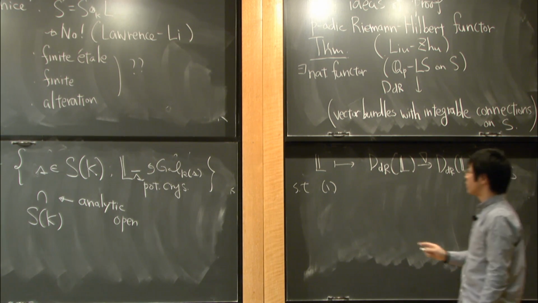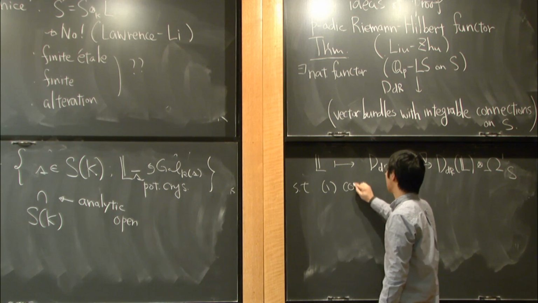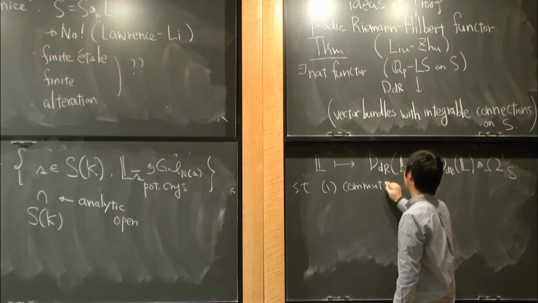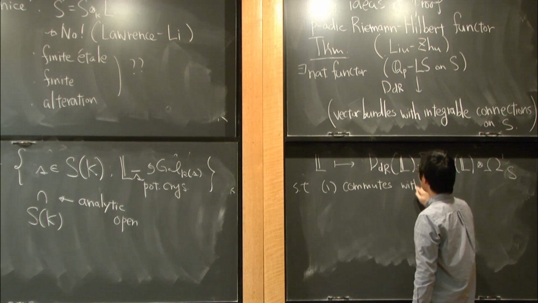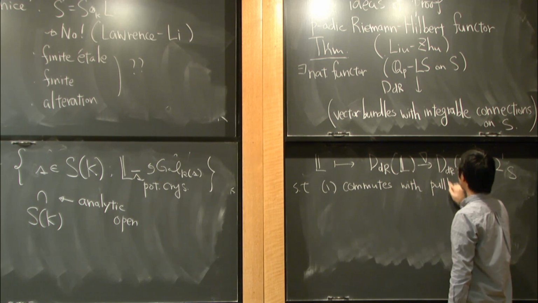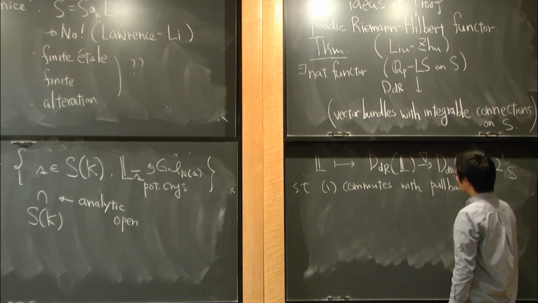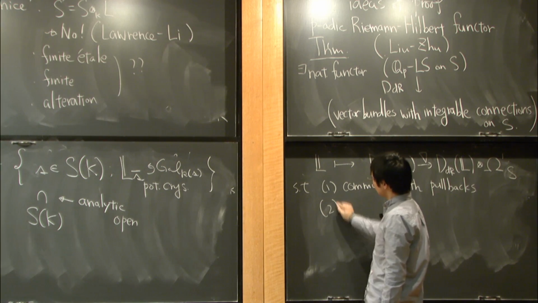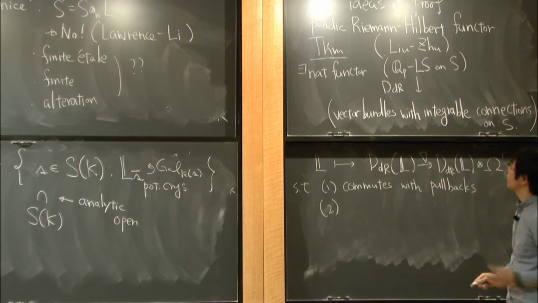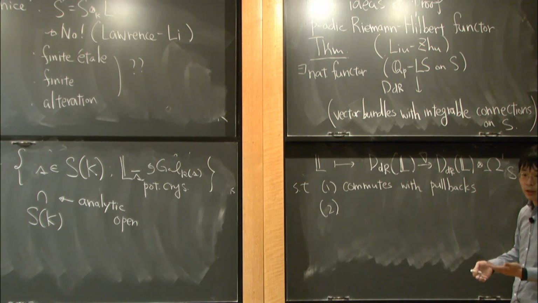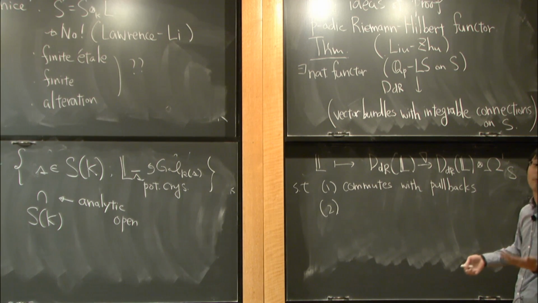First of all, this commutes with arbitrary pullback. So if you just take S to be a single point, then local systems are nothing but Galois representations.